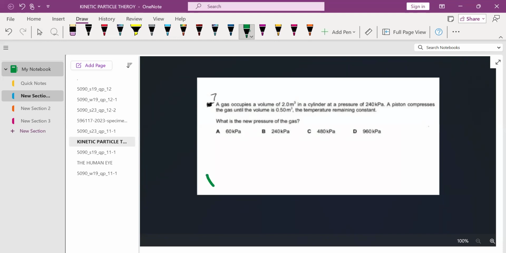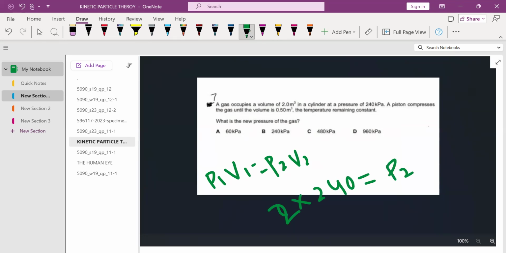For this, you will use the formula P1 V1 equals P2 V2. So V1 is given 2 into P1, which is given 240, equals P2. You need to find this P2 and V2 is given 0.50. Now you will multiply them.